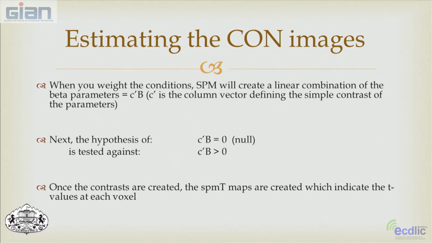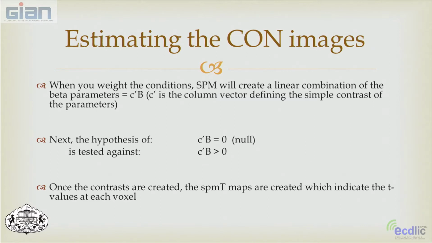So what we do is we're going to test that the contrast times the beta weights will equal 0 in the case of the null hypothesis. Again, the null hypothesis is the assumption that our cognitive condition had no effect on the voxels in the brain. And we're going to test that against the idea that our contrasts times our beta weights had a difference. In that case, we'll be seeing activation and saying this is due to our task.